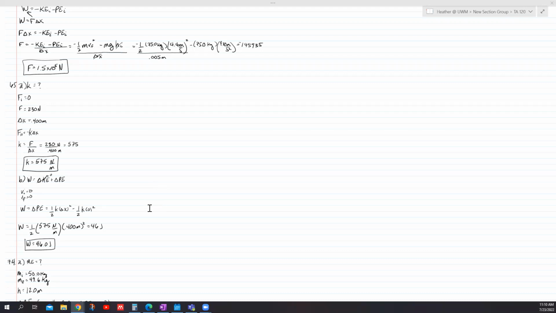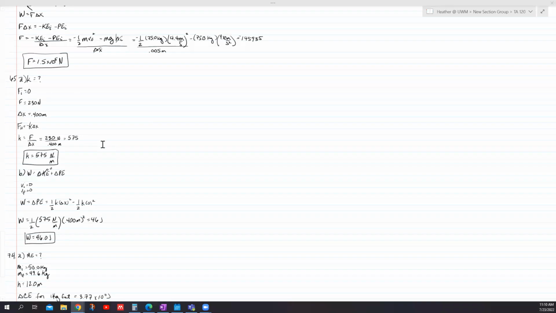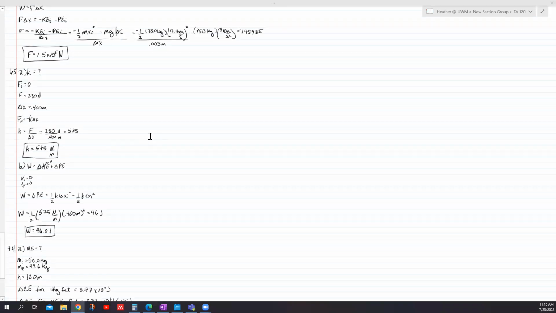We're going to assume that she is starting at a neutral position. She is going to pull it back, and final force is going to be 230 N. We know delta X is 0.400 meters. And we know that F equals negative K delta X. We are going to rearrange for K, and we're going to get 575 newtons per meter.